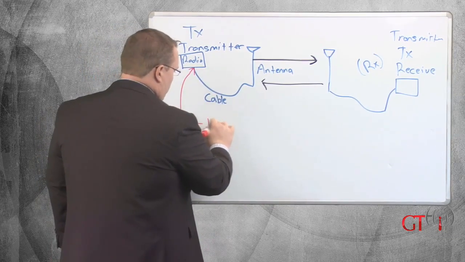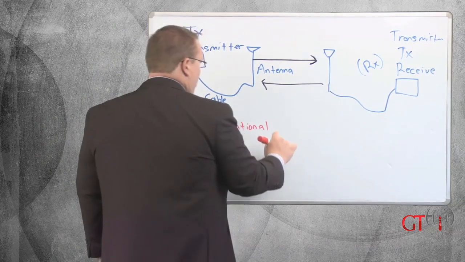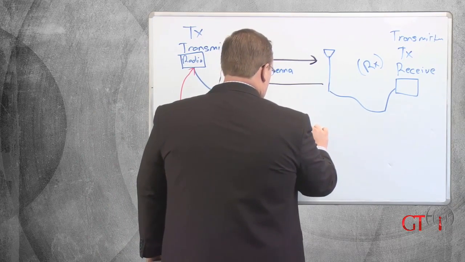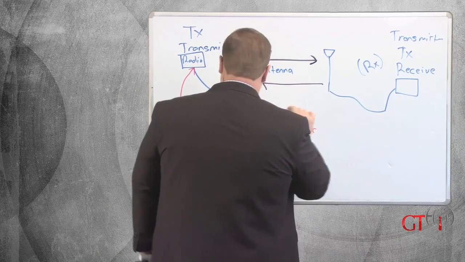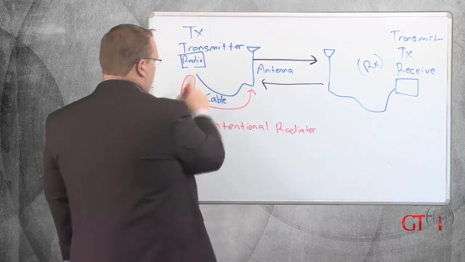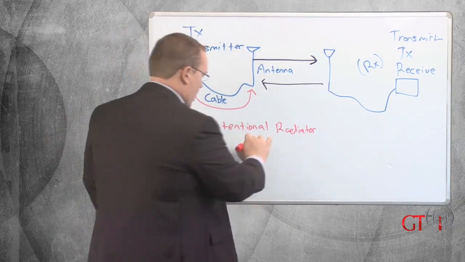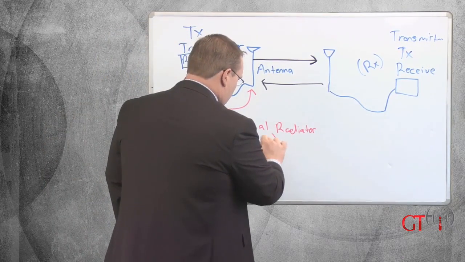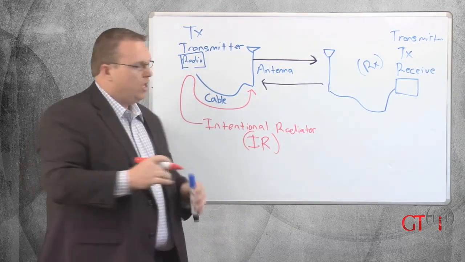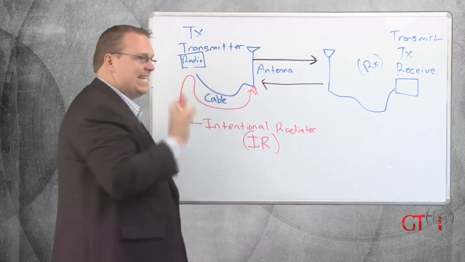One here is called the intentional radiator. Actually, I wrote that wrong. Sorry. This goes here, if you can follow that. So the intentional radiator, abbreviated IR, the intentional radiator is the amount of power right up to the connection to the antenna.